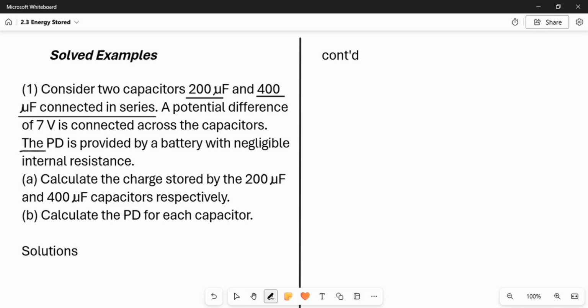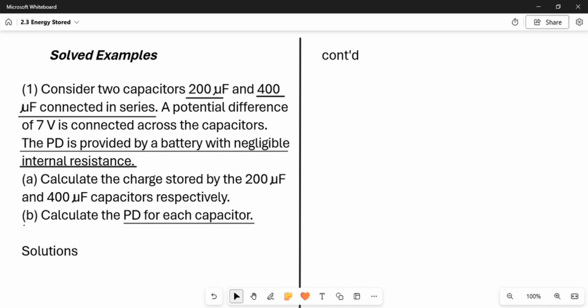We are told that the potential difference is provided by a battery, and that battery has negligible internal resistance. So the questions are: calculate the charge stored by the 200 and 400 microfarad capacitors respectively. And part B says calculate the potential difference, that is PD, for each capacitor.